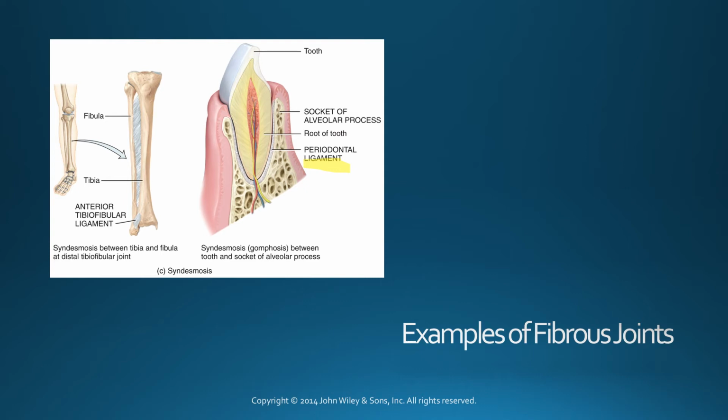So you can get a little bit of movement at these joints. One example of a syndesmosis is the distal tibiofibular joint, where the anterior tibiofibular ligament, right here, actually connects the tibia and the fibula. And it does permit slight movement. So this ligament here is going to be an amphiarthrosis.